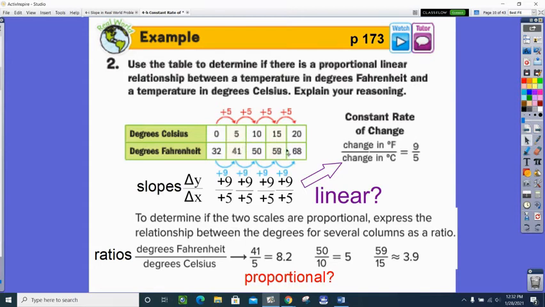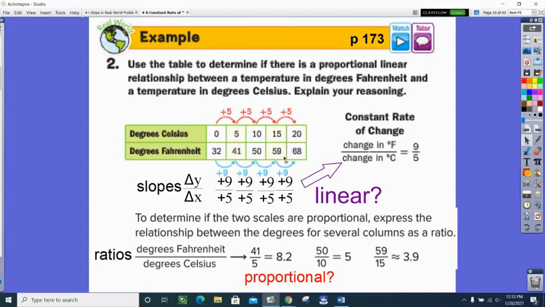Okay. So in order to see if this is a linear relationship, we're going to take Y minus Y, which is 9, over 5 minus 0, which is 5, and I get 9 over 5. And I'm going to check across the table. 50 minus 41 is 9, over 10 minus 5 is 5. Anytime you need to pick up the calculator to check, feel free. 59 minus 50 is 9. 15 minus 10 is 5.